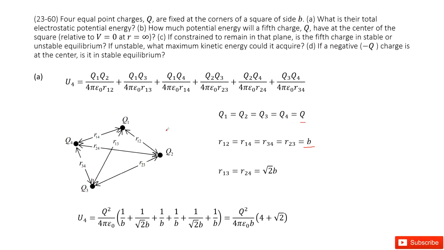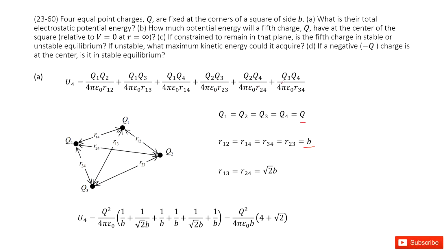So in this case, if we want to find the total electrical potential energy, that means we need to find the electrical energy between Q1 and Q2, Q1 and Q3, Q1 and Q4, Q2 and Q3, Q2 and Q4, and Q3 and Q4, right? Just pairs of these four charges.